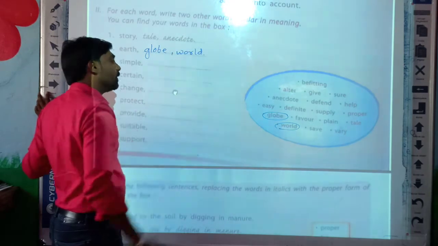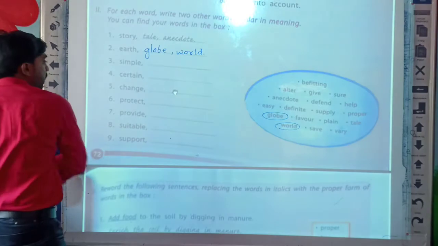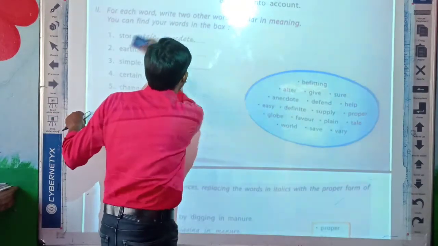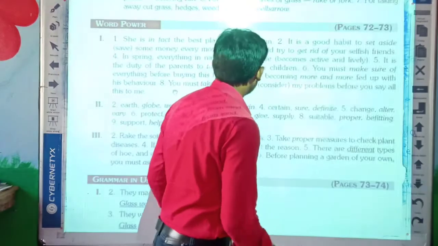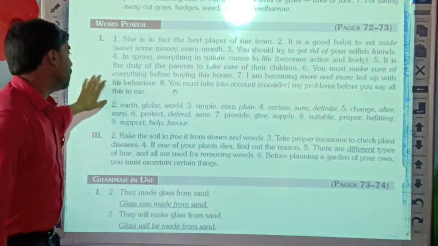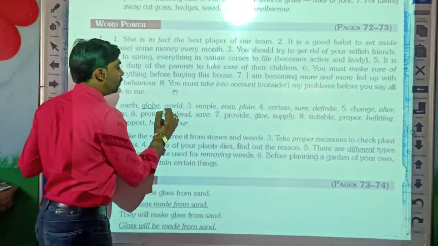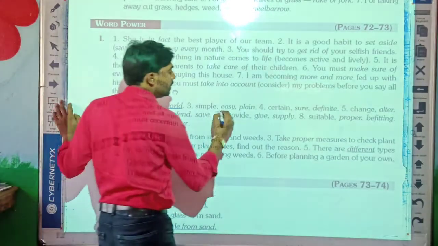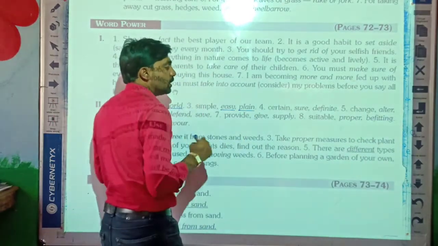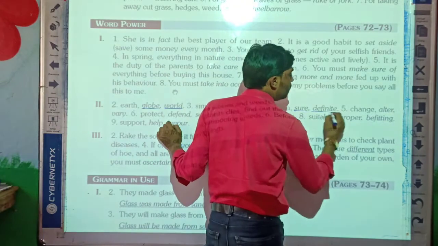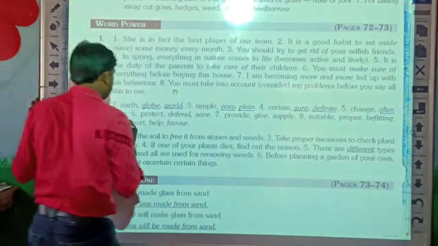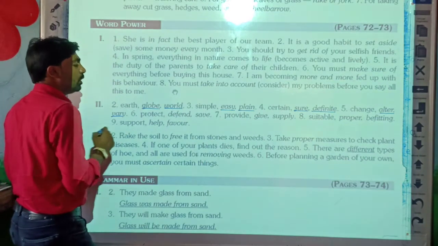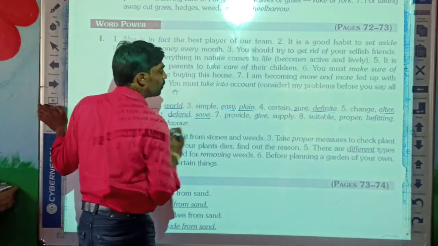So students, their answers will be found here on the next page that I have written already. Yes, here. Earth: globe and world. Simple means easy and plain. Certain means sure or definite. Change means alter or vary. Protect means defend or save.